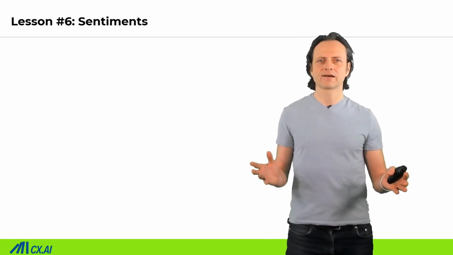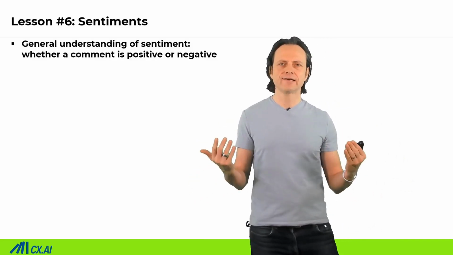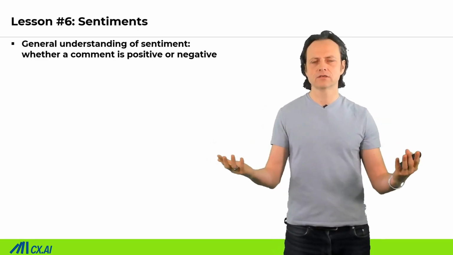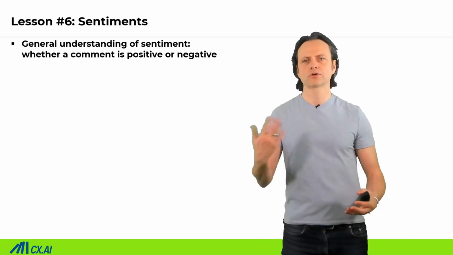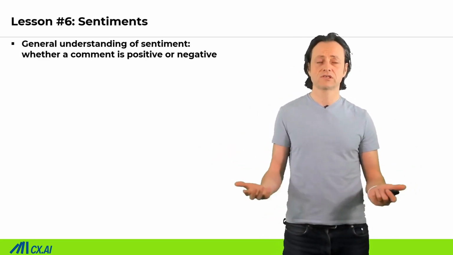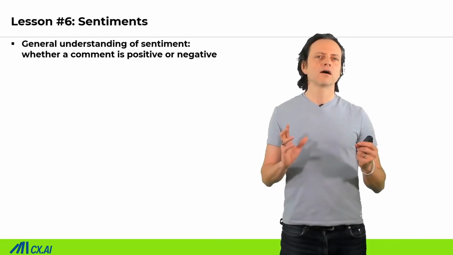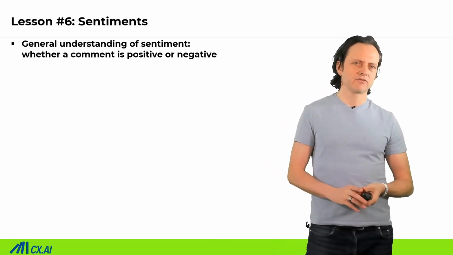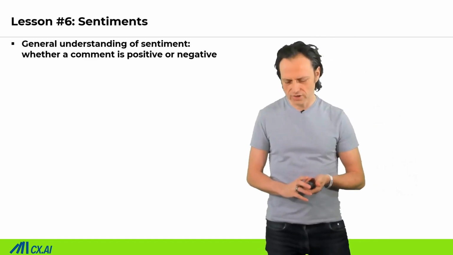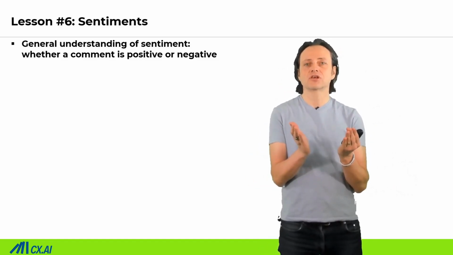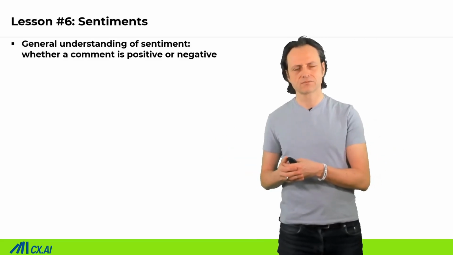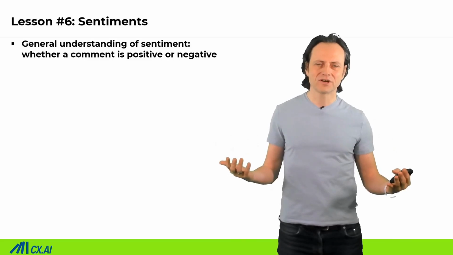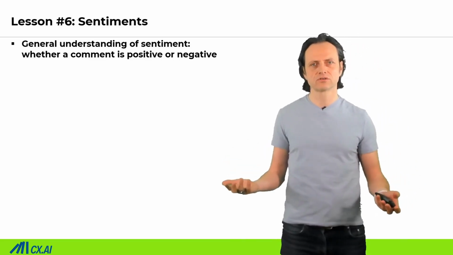Lesson 6, sentiments. By sentiment, people typically understand whether or not a comment, a verbatim, a text feedback is positive or negative. Strongly positive, strongly negative. That's a sentiment. But there are other understandings of it. That's important to understand, because if you build a code book like I just suggested, you already have the sentiment, because it's part of the code.